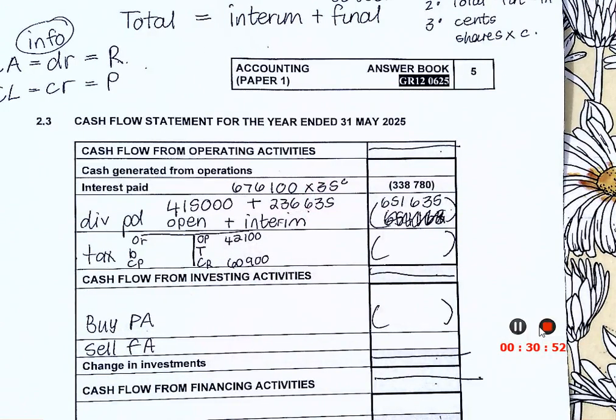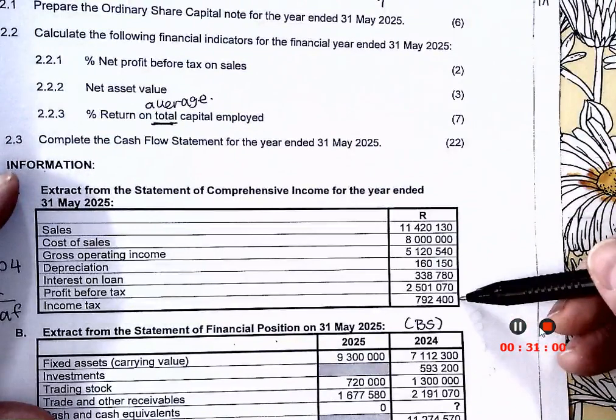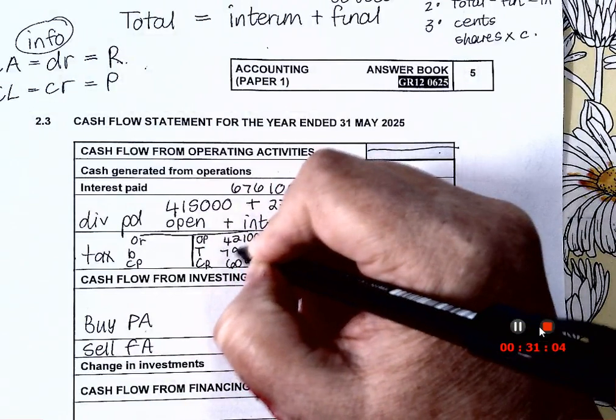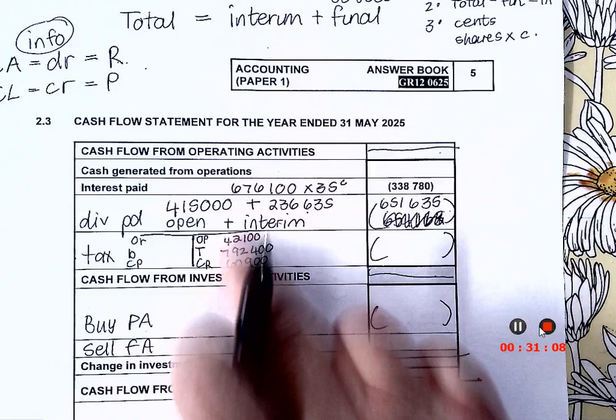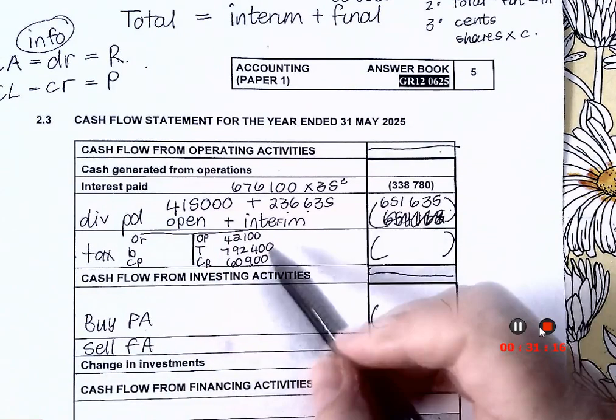So where's my tax? My tax, I go back to the income statement. And there I see tax is 792,400. And it's extremely important that the marker can see this, because in the cash flow they mark your calculations. Okay, so I'm going to add all three and it's going to give me my total tax.